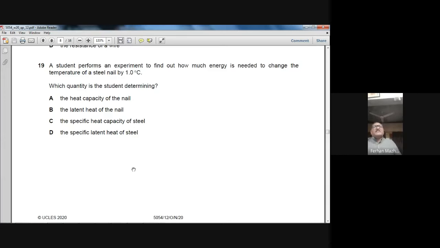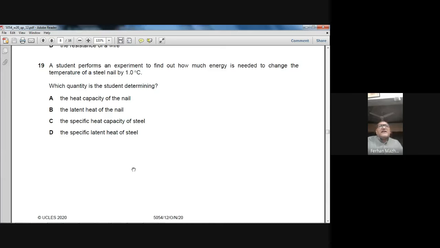Don't confuse it with specific heat capacity. The specific heat capacity is the amount of energy required to change the temperature through 1 degree centigrade of unit mass of that body. But if you only say how much heat is required to change the temperature of a body through 1 degree centigrade, that is heat capacity.